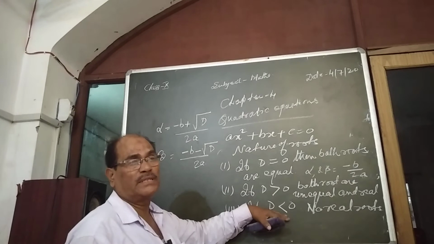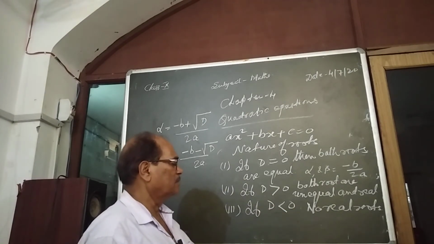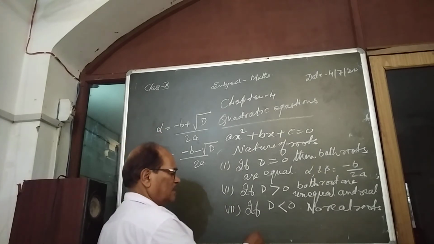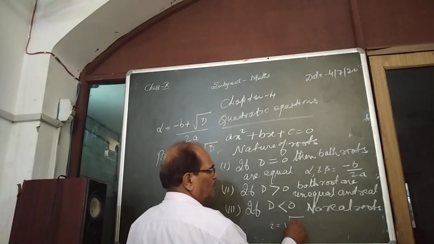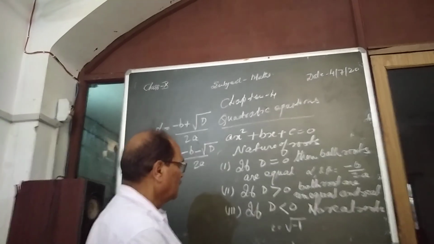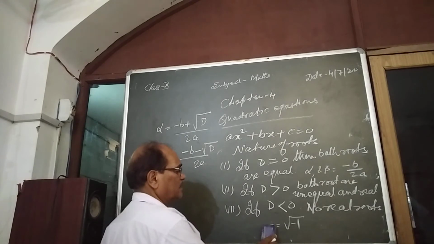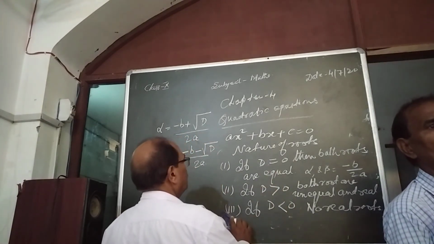That is, if this is less than 0, that is negative, then how do we solve? That does not need to be explained here. i equal to under root minus 1 will come, and then we start with imaginary numbers. In the higher class, class 11, we will do this. So, nature of roots.